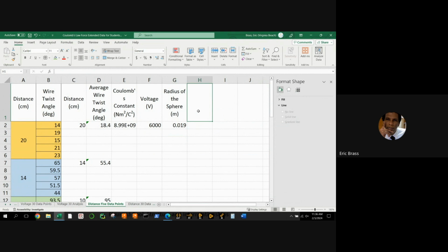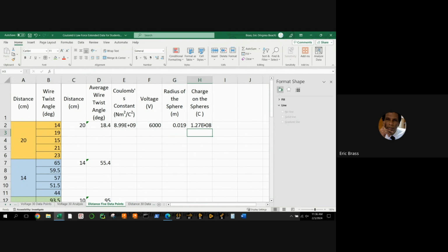After we have our radius of the sphere, we have voltage, we have radius, and we have Coulomb's constant. So we need to calculate the charge. And this is just going to be equal to voltage times the radius divided by Coulomb's constant again.